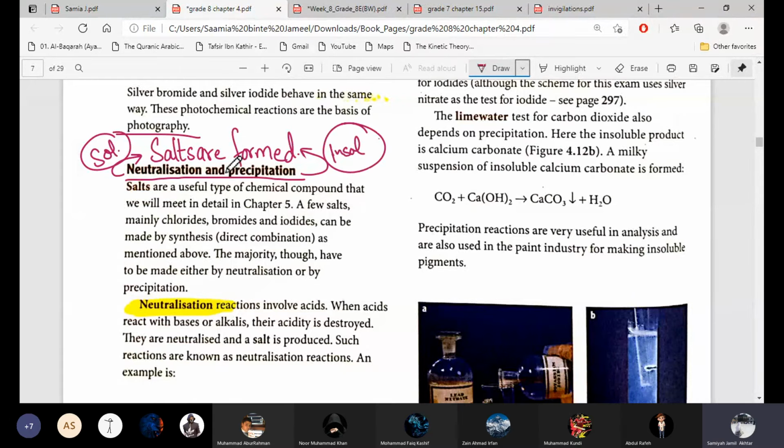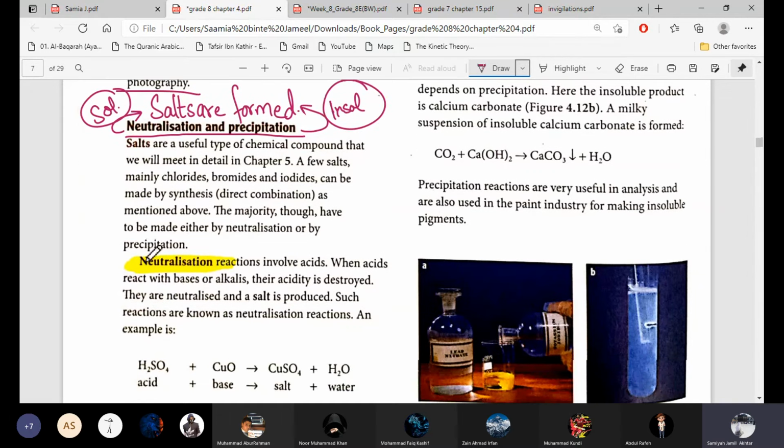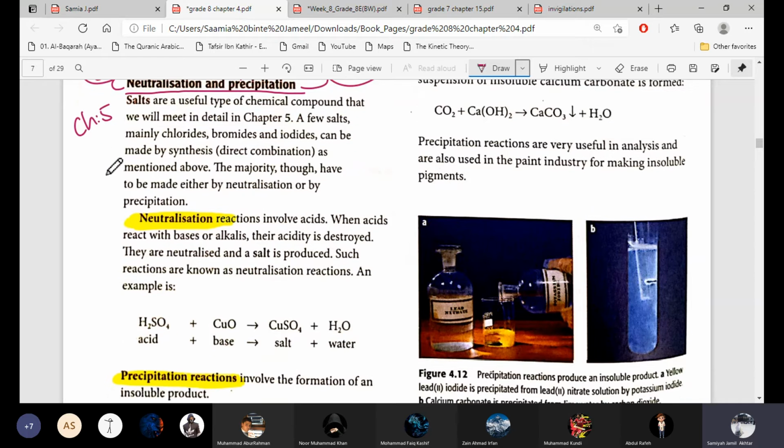From precipitation reactions, apart from salts, other substances that are not salts can also be prepared, but they are insoluble in water. Insoluble salts can also be formed from precipitation. You will study neutralization and precipitation in detail in chapter 5, the next chapter, which is totally related to acids, bases, and salts.